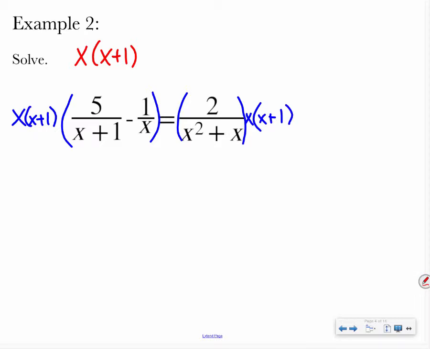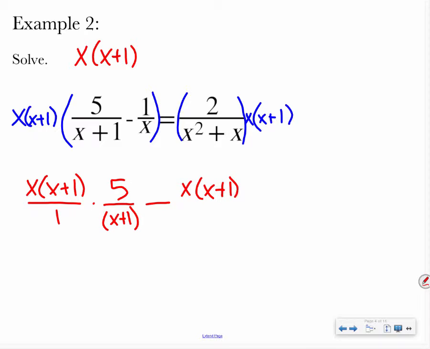And now, if I look at this, I can distribute it. So now I have x times x plus 1. Treat that like it's over 1 times my first item. And then I'd have my x times x plus 1 over 1 times 1 over x.